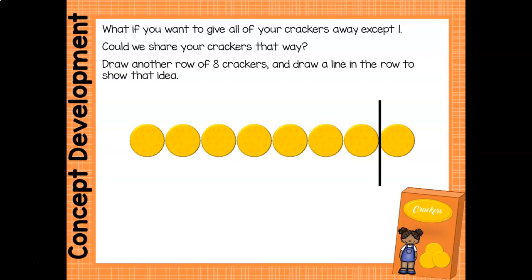So remember, you're creating a number bond that looks like the picture, that represents our picture, I should say. And this is what you're going to send in to Miss Shirvani, Mr. Thayer, or myself to show us you understand the lesson.